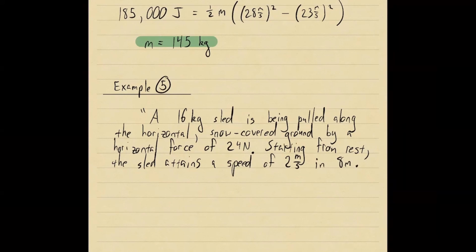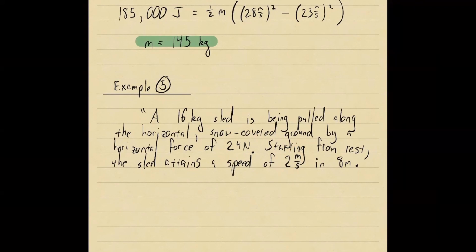All right, so this thing starts from rest, and we got this horizontal pushing or pulling force, and then in 8 meters, this thing reaches a speed of 2 meters per second. So that's what that means.